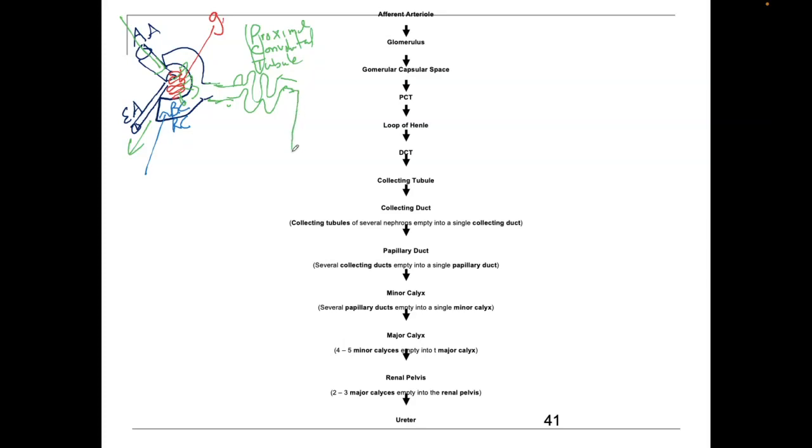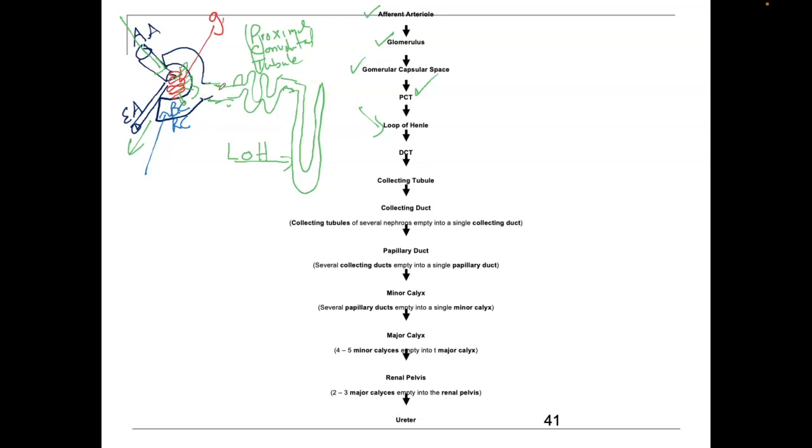And then we have this interesting loop that looks like this. This is called the loop of Henle, which we see right here. So we did the afferent arteriole into the glomerulus, into this glomerular capsular space, into the proximal convoluted tubule.